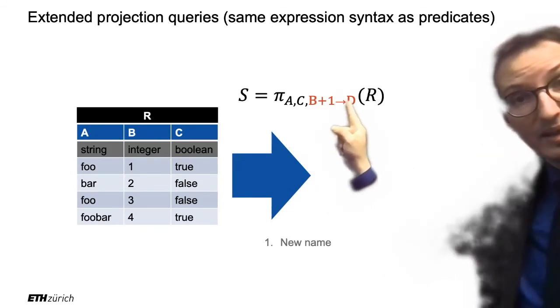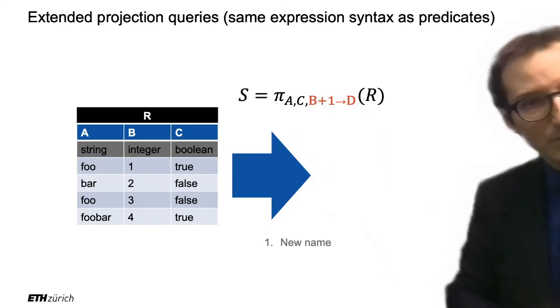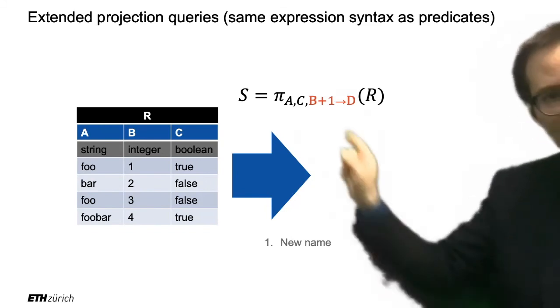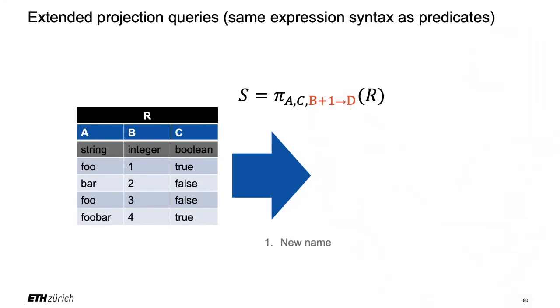And here I can say that column D is defined as B plus 1. Right. This little arrow, the reason we use it is that it's kind of the assignment operator. When you learn how to program, it's a popular notation.